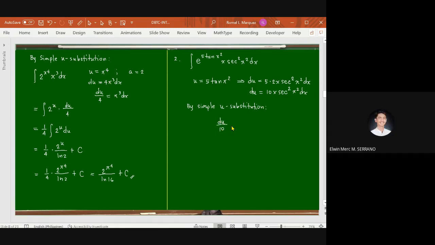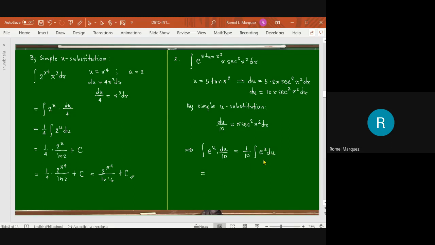So the given, I can express in terms of u: 5 tangent x squared is u, and x secant squared x squared dx is du over 10. We don't need this 10 in the denominator, so put it out: 1 over 10 integral of e to the u du. This is exactly the formula now.